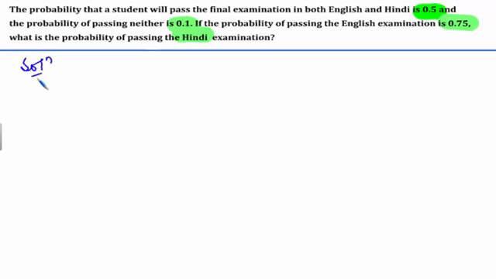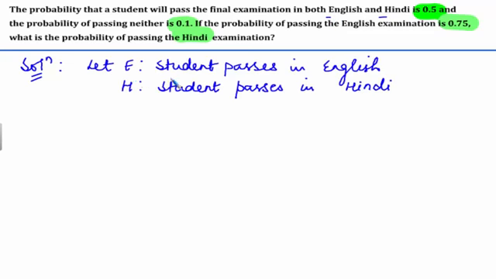And first let us define the events E and H such that E denote the event that student passes in English and H denote the event that the student passes in Hindi. Now we are given that the student will pass the final examination in both English and Hindi.